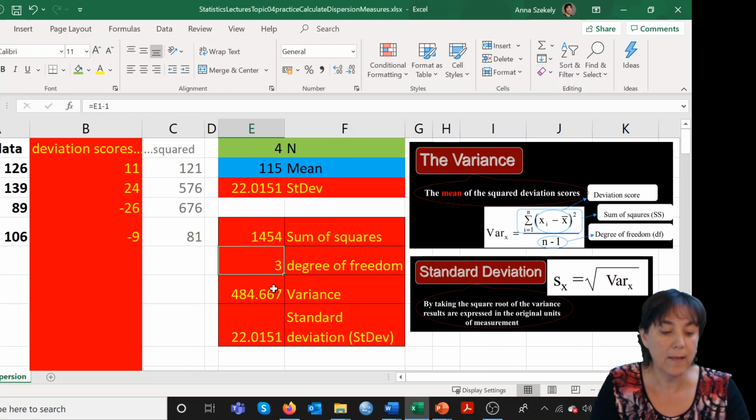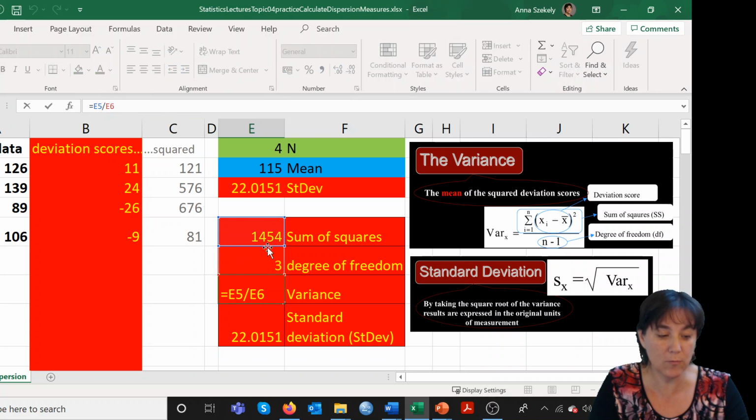Simple as that. Variance, as we can see here in the formula, is the sum of squares, the deviation scores squared, divided by the degree of freedom. So these are just these two numbers divided by each other.